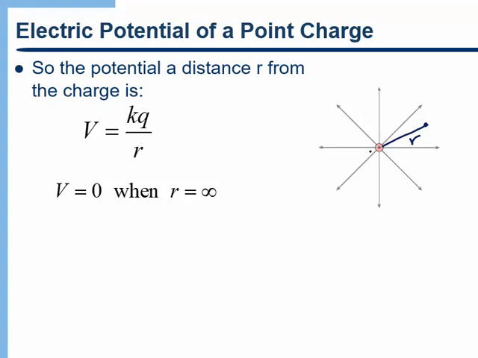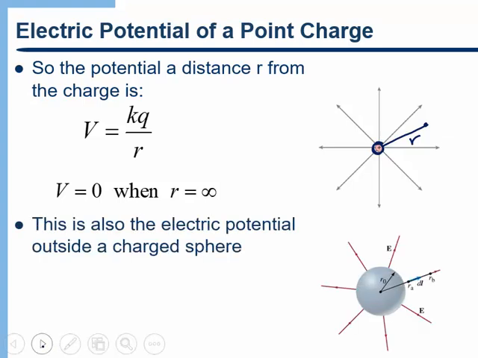If we are a certain distance away from this point charge, there is an electric potential at every point in space in the same way that there's an electric field at every point in space. By the way, this formula also works for a sphere of charge as long as you're outside the sphere, because if you're outside a sphere of charge, the electric field is the same as the electric field of a point charge.